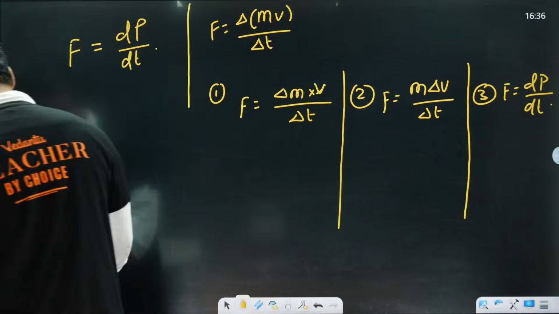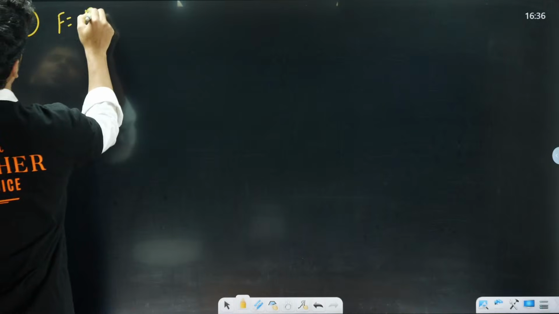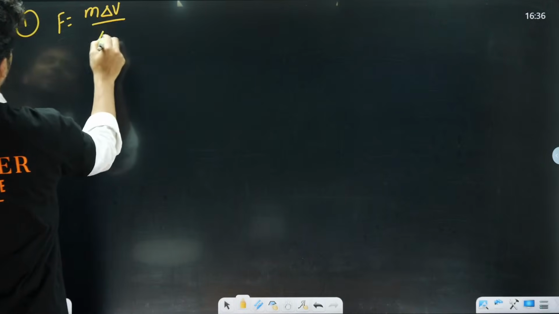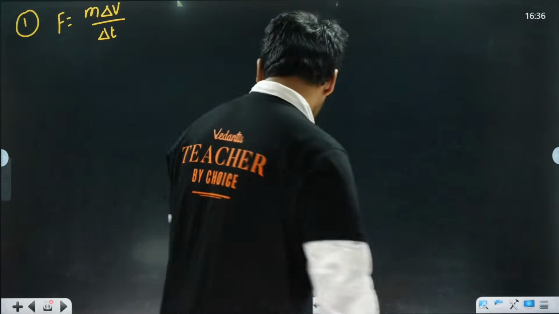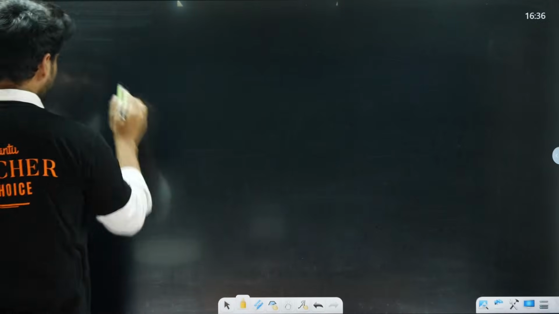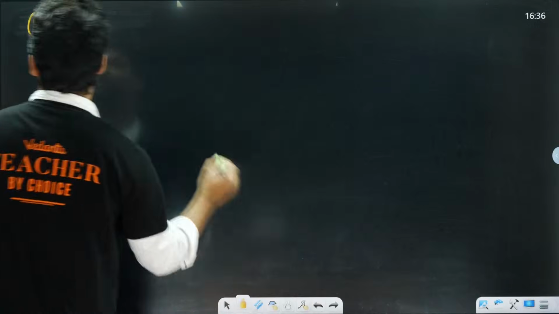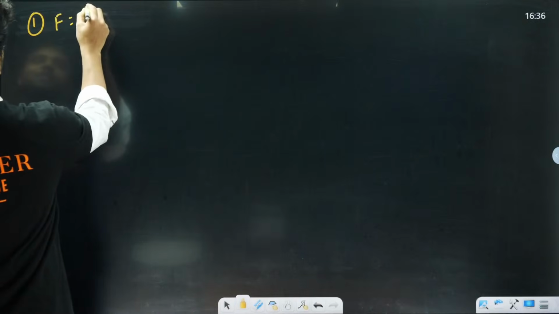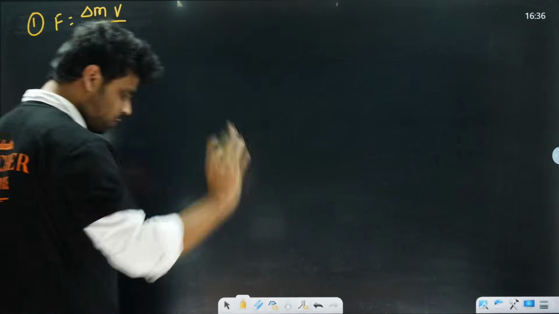Good. The first case is F is equal to change in mass into speed divided by change in time. I will take the other in the end. The first case is variable mass.